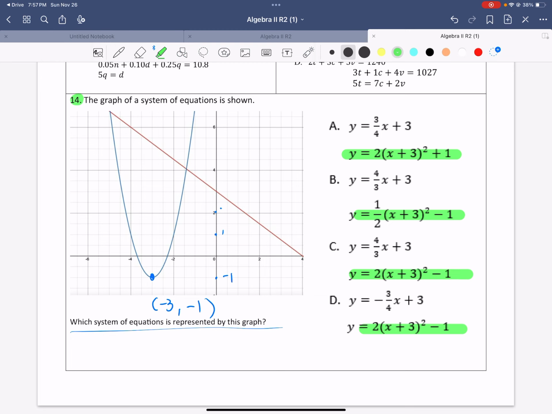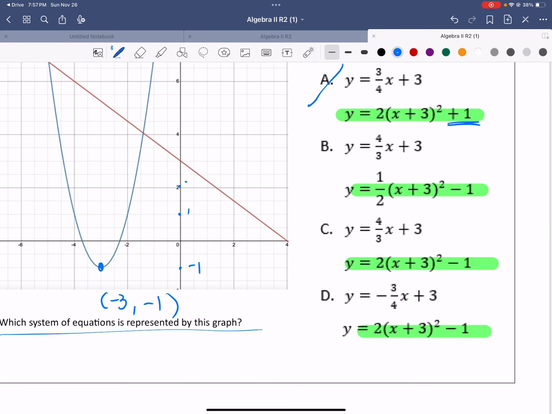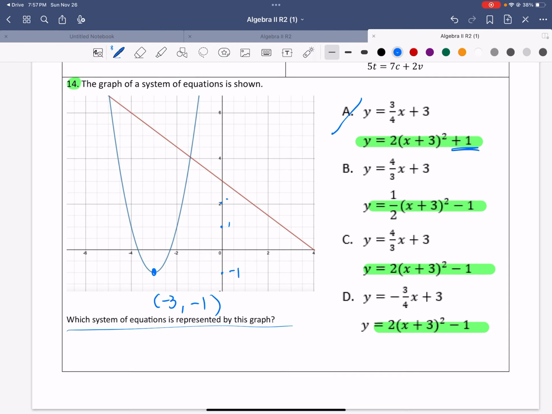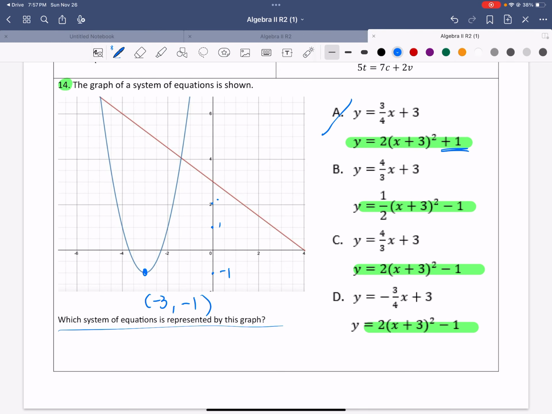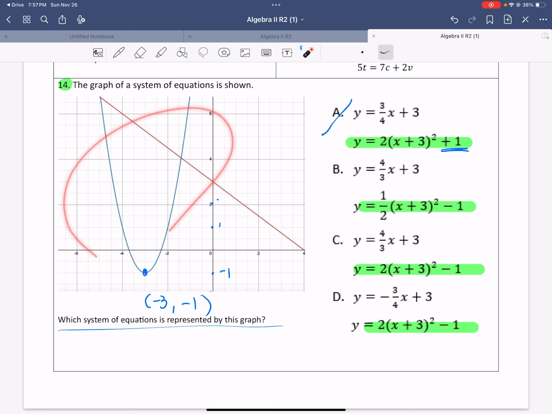So to me, it's not going to be A because it is a +1. So it's going to be one of these 3, right? And the only thing that you have to do is put every single one of these into the calculator and see which one matches with that.